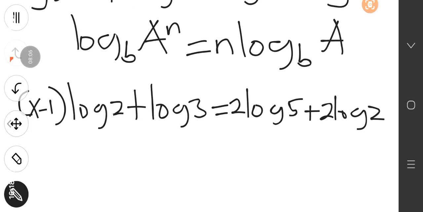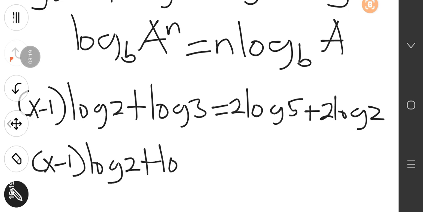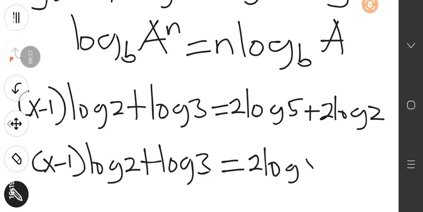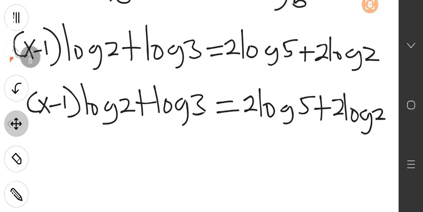So we are going to have x minus 1 multiplying log 2 plus log 3, and in this part, we're going to have 2 log 5 plus 2 log 2. Now here, we are going to move log 3 from the left side to the right side.